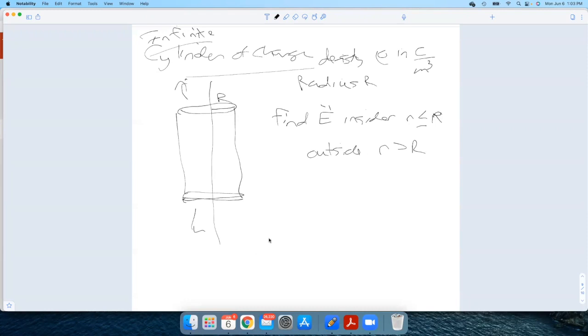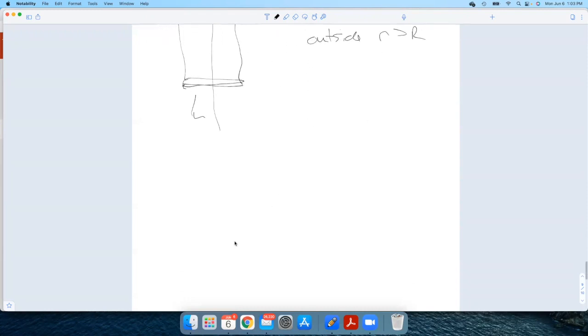Okay, so the first thing I'm going to do is draw a Gaussian surface. I'm just going to set these up to help you on them. So I've got my charge distribution here, capital R. This goes on forever, so I'm not going to put any kind of length on it.